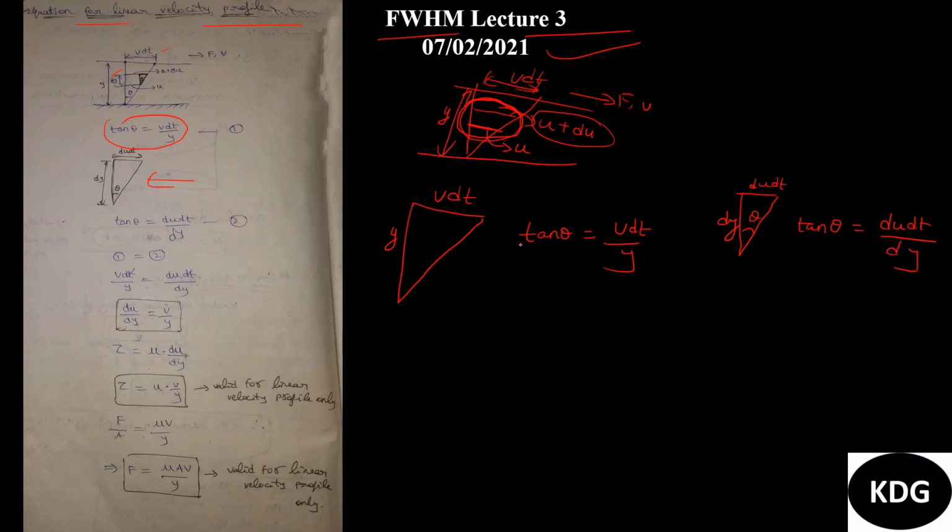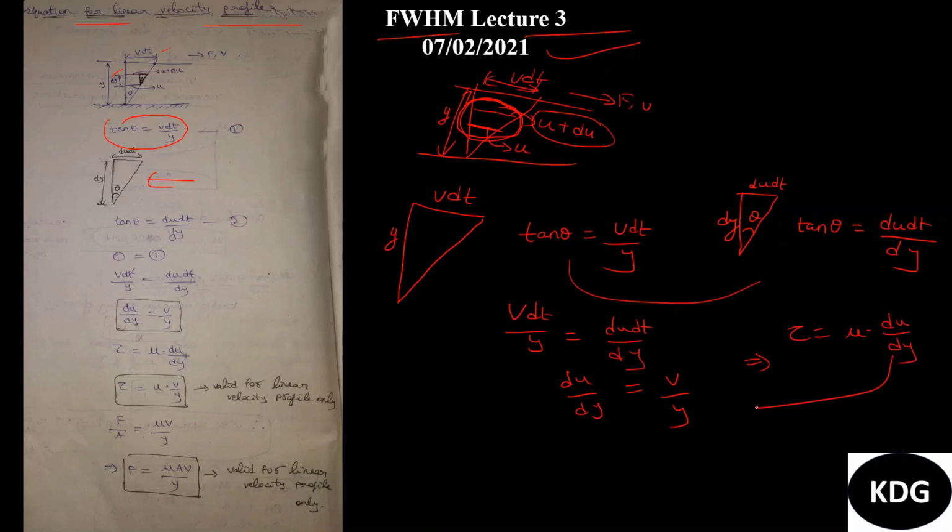If you equate both tan thetas, you will get v dt by y equal to du dt by dy. So now du by dy becomes v by y. In the earlier class we came to know that shear stress equals mu into du by dy. So this du by dy is equal to v by y, then shear stress will be equal to mu into v by y.